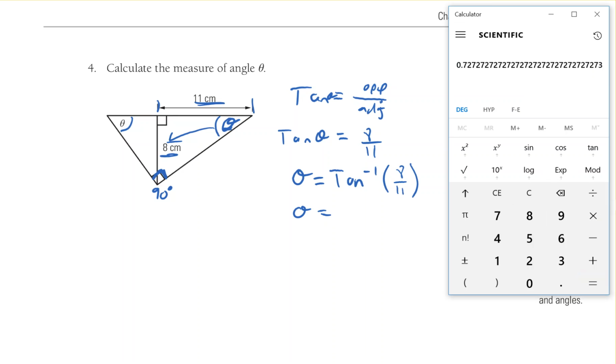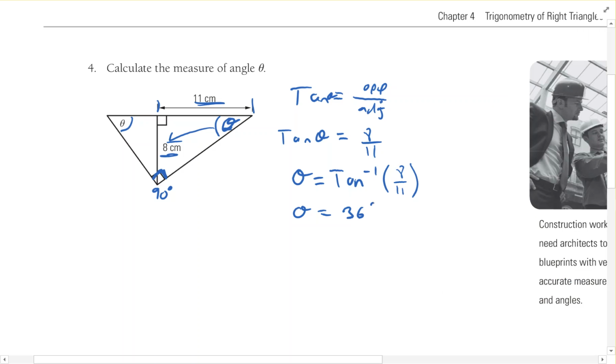That's equal to that decimal there, 0.727272. Okay, and then the last thing you got to do is just go shift and then tan negative 1. And our angle here is going to be 36.0 degrees. So we'll just say 36 degrees. Okay, so that is this angle right here.